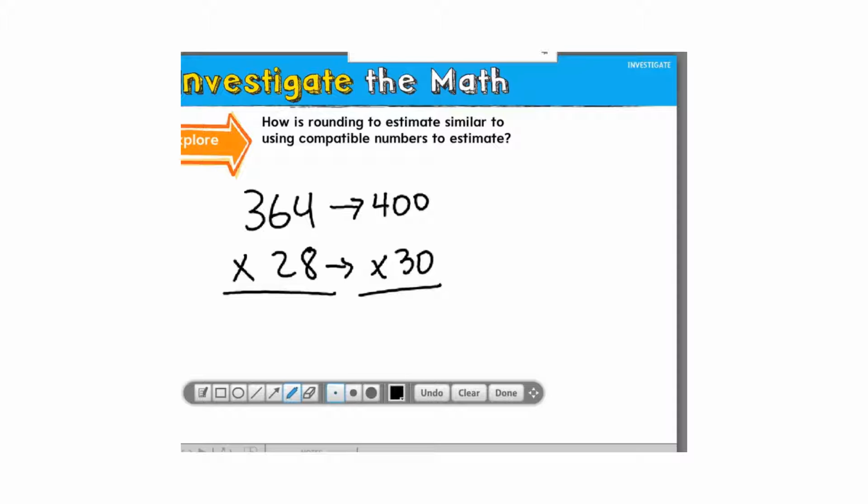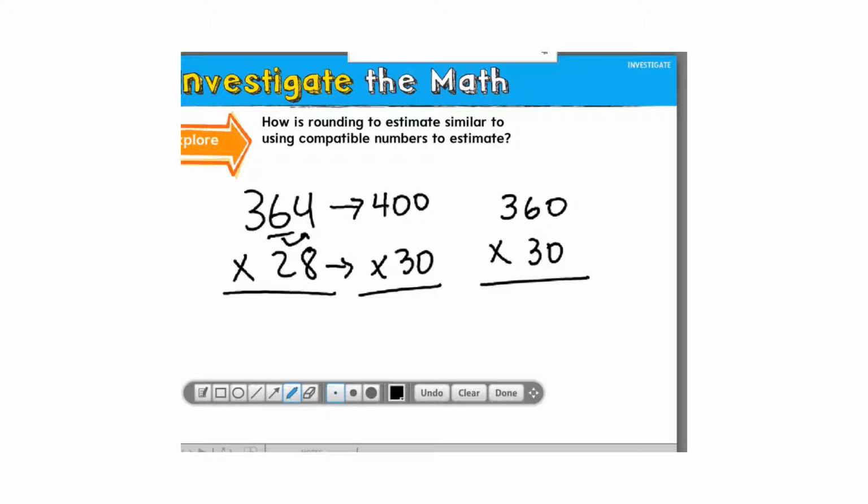If you rounded to the tens place, which is right here, which is what I saw some people doing, they might get 360 times 30. Remember how I told you that we would take multiple answers for these? I would take either one of these as a correct answer. Now, we're doing powers of 10. So powers of 10 means it ends in a 0. So whether that's 1 zero or 2 zeros, that's up to you.